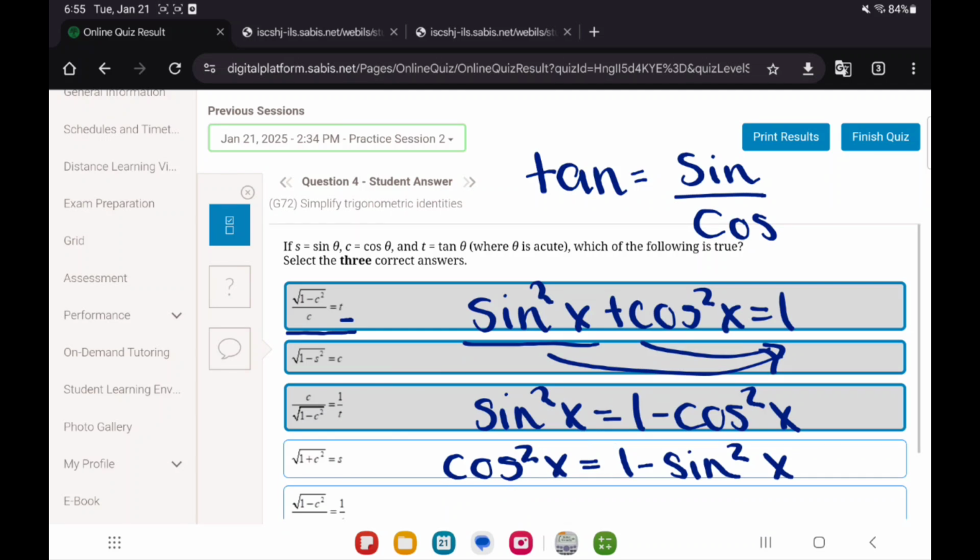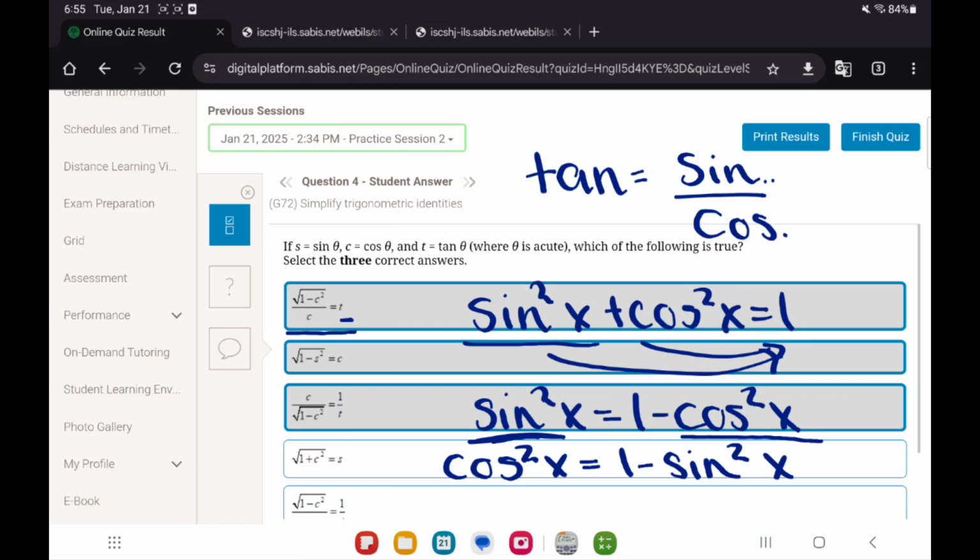We know that tan is sine over cosine. So sine here we have is 1 minus cosine squared, and because they want it in a radical, we take off the square and put a radical beside it. You will get radical of 1 minus cosine squared x, and that's that here. And we know that tan is sine over cosine, and here's cosine, so that's one of your answers.